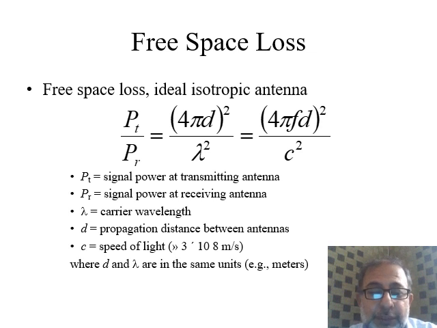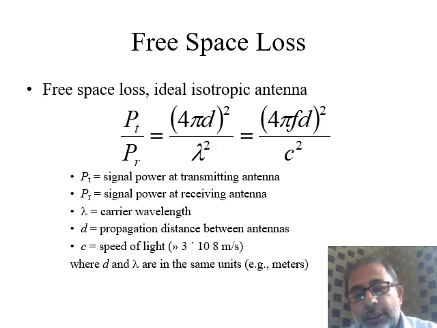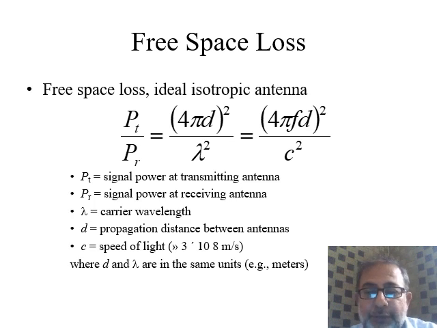So PT, which is the transmitted power, divided by PR, which is the received power, would be equal to (4 pi d) whole square divided by lambda square. And if we put it in the form of f and c, that is frequency and speed of light, it would be (4 pi f d) whole square over c square.